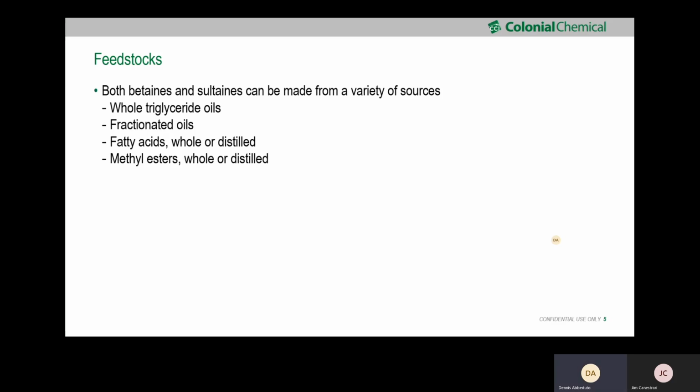Just like the fatty acids, we can also use methyl esters to produce these products. The methyl esters, again, can be whole or distilled. Typically, when we're using methyl esters, we are using distilled products. And finally, we can use fatty tertiary amines. And these are end products in the oleochemical chain that we'll show you how we get to in just a moment here.